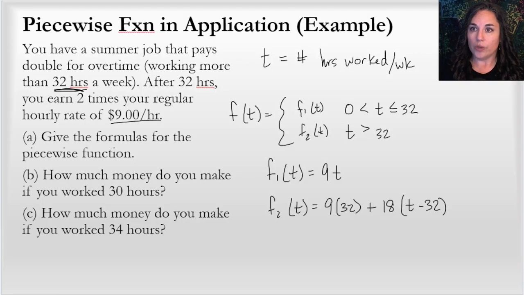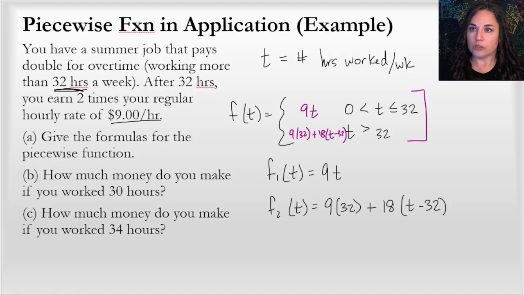When you're writing out this function, you can put that in. So I'm going to erase this and put in my different constituent functions. This is 9t, and this is 9 times 32, whatever that is, plus 18 times t minus 32. Okay, so that is your answer where it asks for the piecewise function.